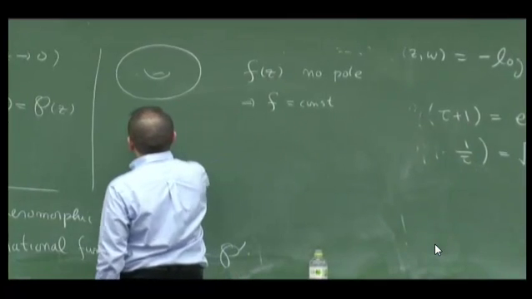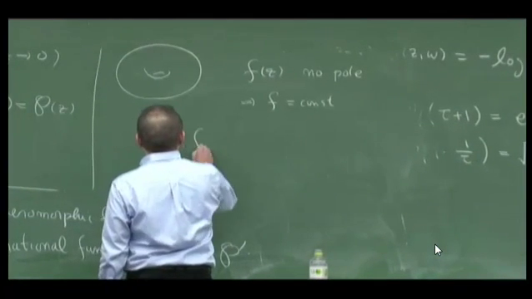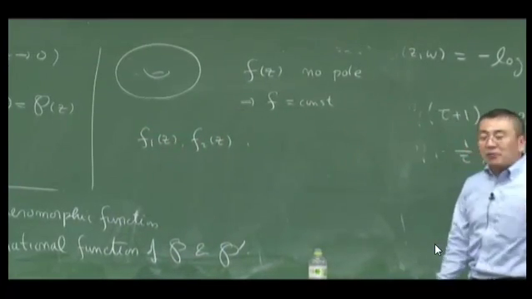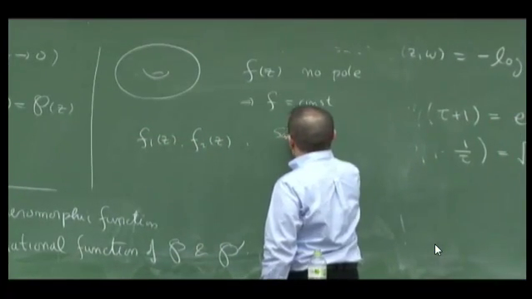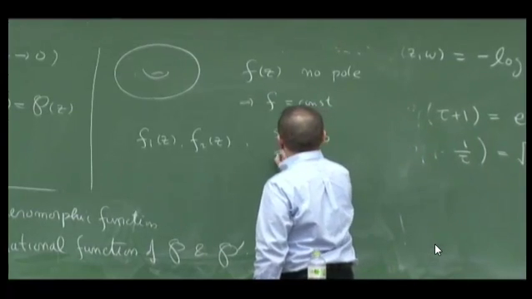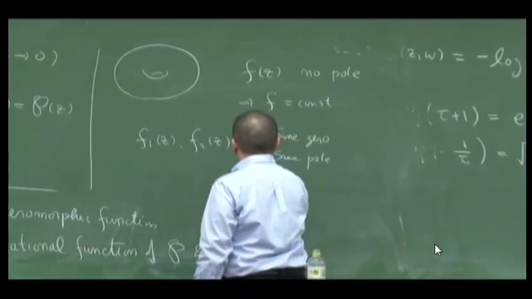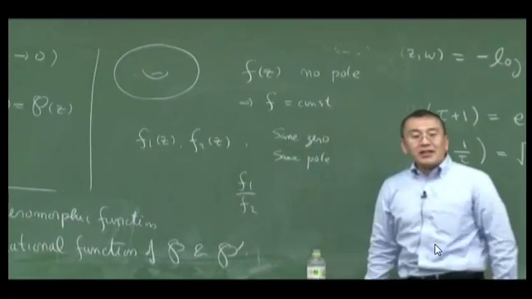So that means that if you have two functions, f1 of z and f2 of z, and if they have the same zeros, same pole, then if I consider ratio, this is an entirely smooth function.